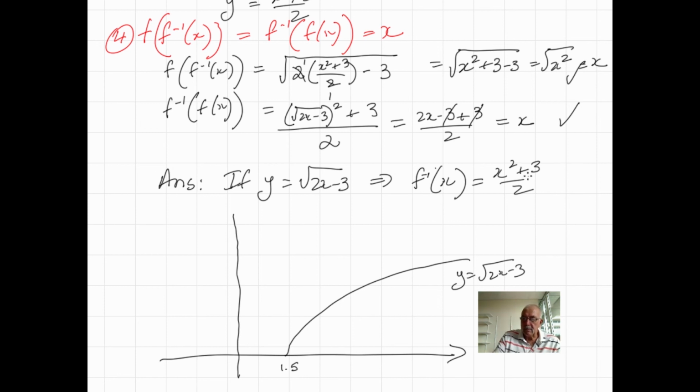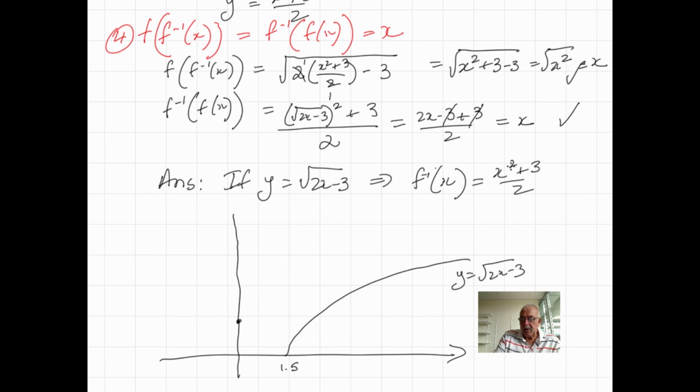Now the inverse function is actually going to cut the y-axis. It cuts the y-axis when x is equal to 0. 0 plus 3 over 2 is 3 over 2, 1.5. So it's actually going to cut the axis there.